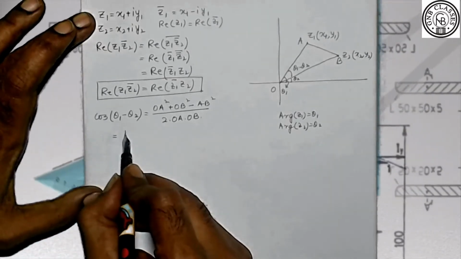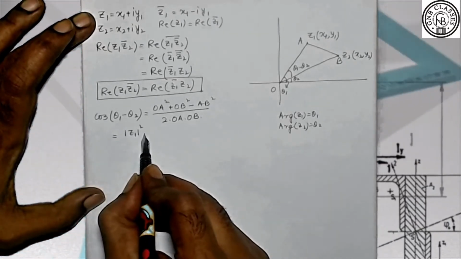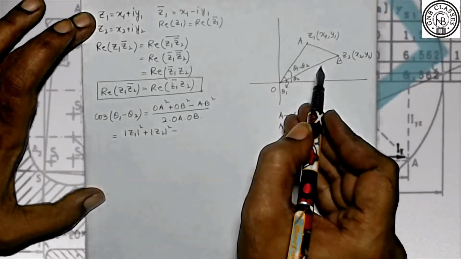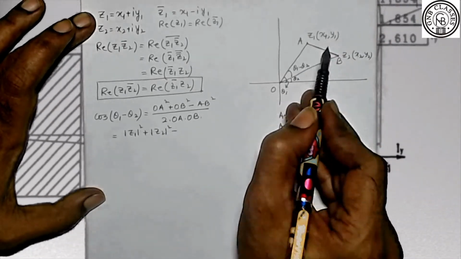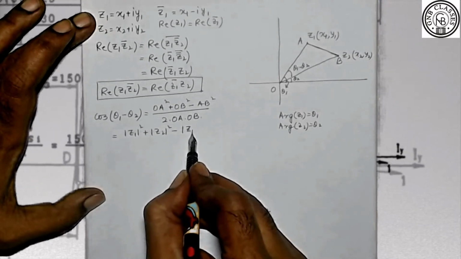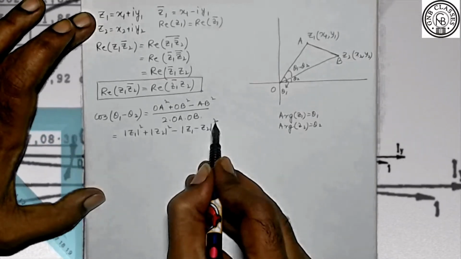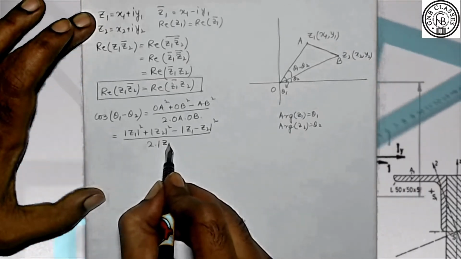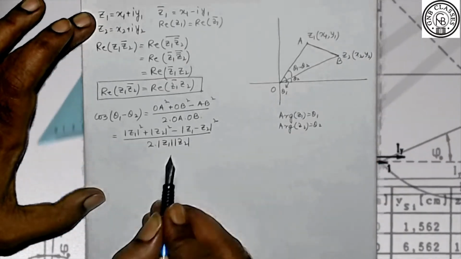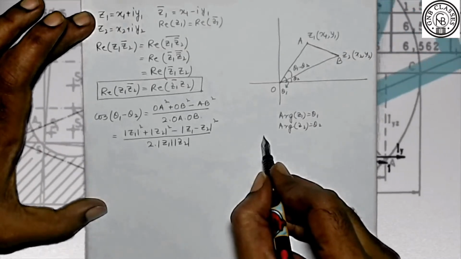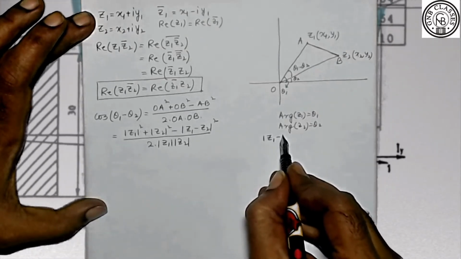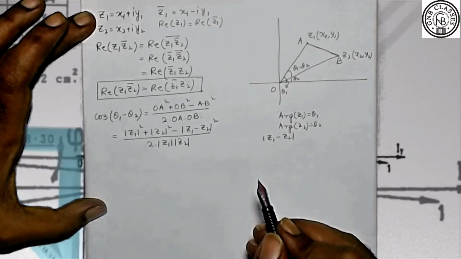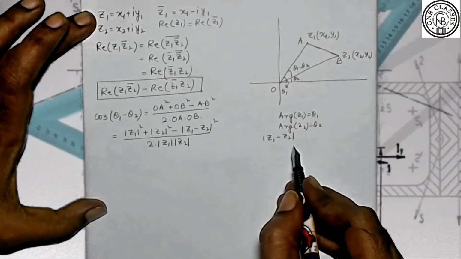OA square is basically mod z1 square, OB square is mod z2 square, and AB square, that is this distance, is nothing but modulus of z1 minus z2 whole square, divided by 2 times mod z1 mod z2. Is it clear or not?